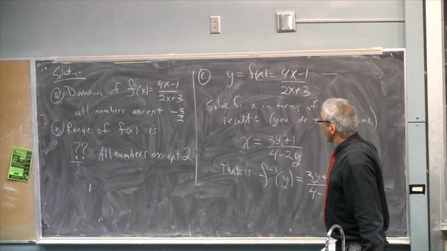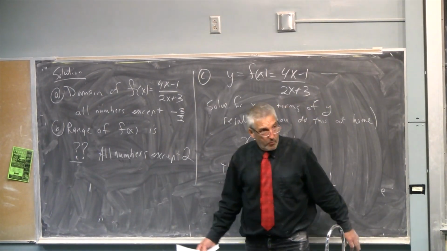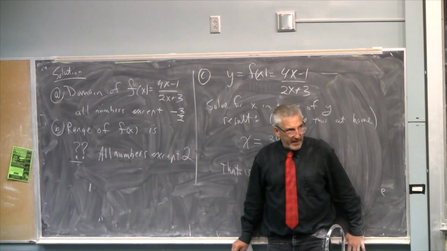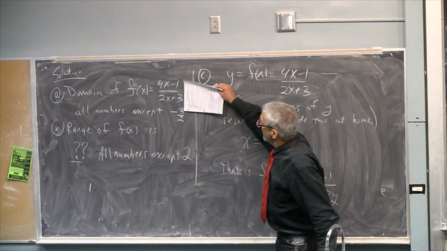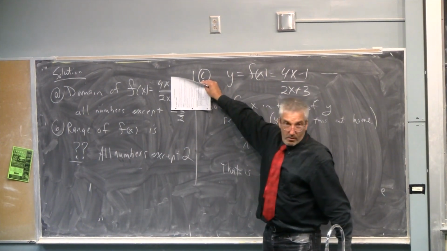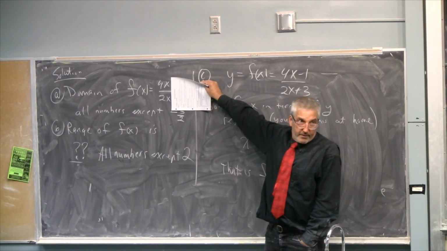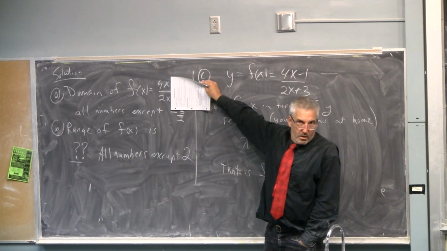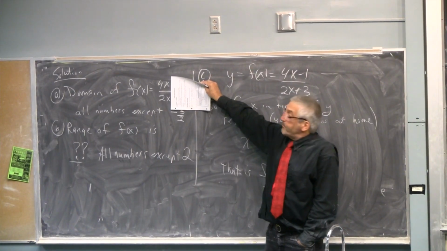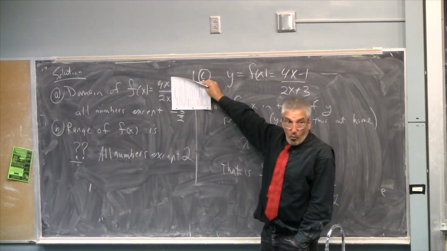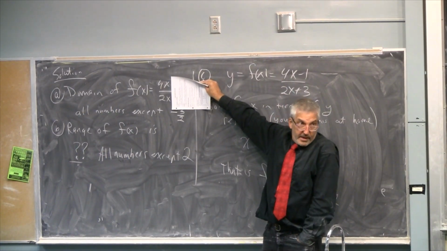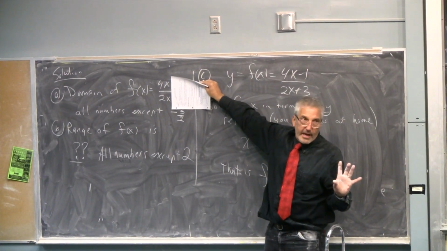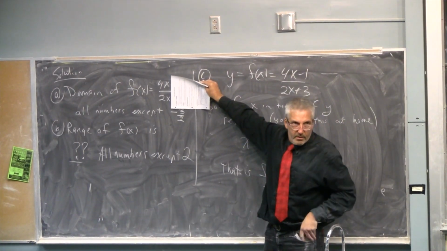There's another way of looking at this function that will maybe help you understand why that's believable in a simpler way. If my formula for the function was just y equals 4x over 2x, what would the y values always be? 2. Just be 2. So that perfectly good fraction there would give me y values of 2. When there's a 4x on top and there's a 2x on the bottom, I'm going to get y values of 2. Except in the dorky case when x is 0, then this would be undefined.